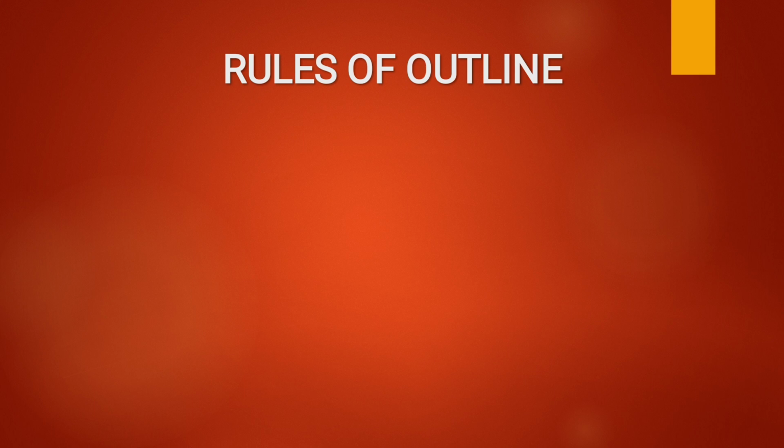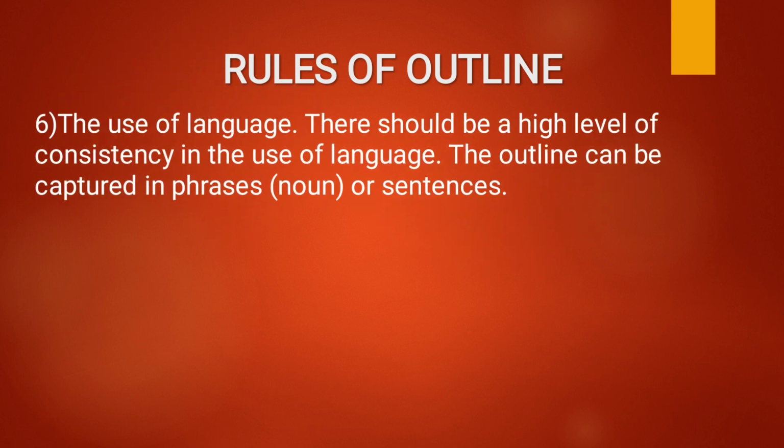Point number 6 says that in the use of language, there should be a high level of consistency. The outline can be captured in phrases, that is nouns, or in sentences.